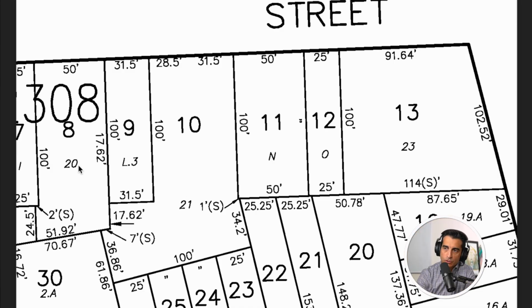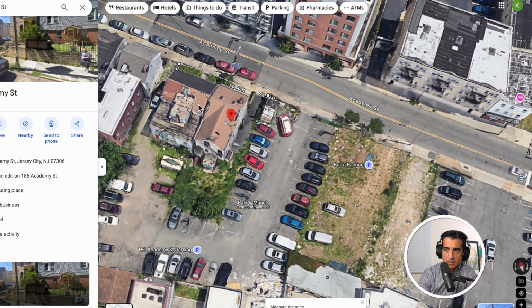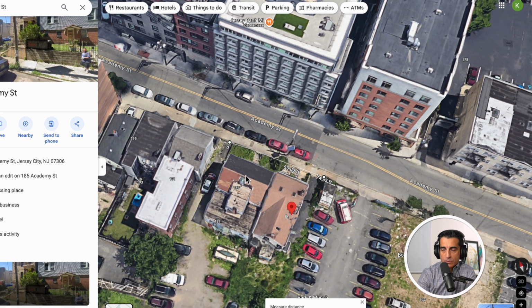One little trick you can do too is grab a point from the corner of the block, like that upper corner right there, and then add up the measurements where you think your lot begins, and then go on Google Street Maps and use the measuring tool and compare it to see where these lot lines are. That's if you don't have a survey.